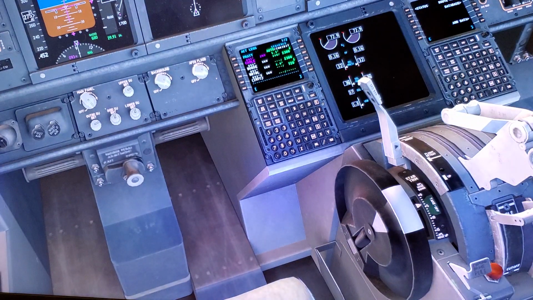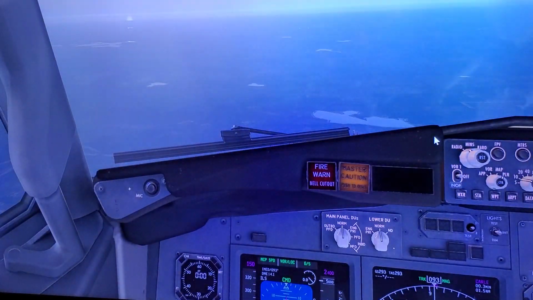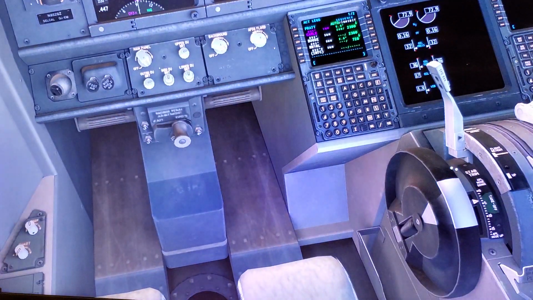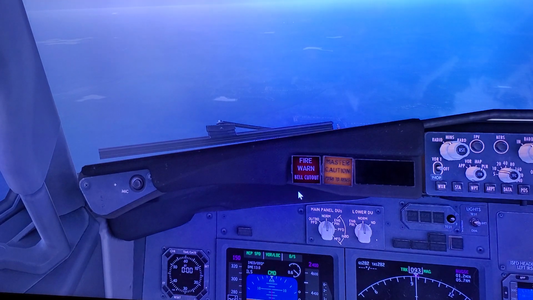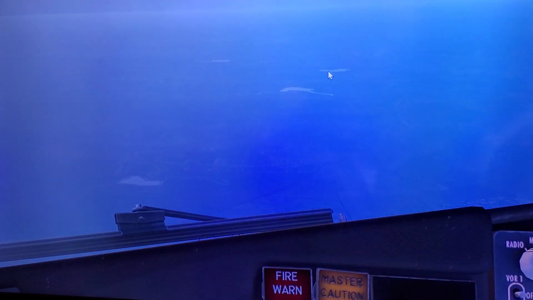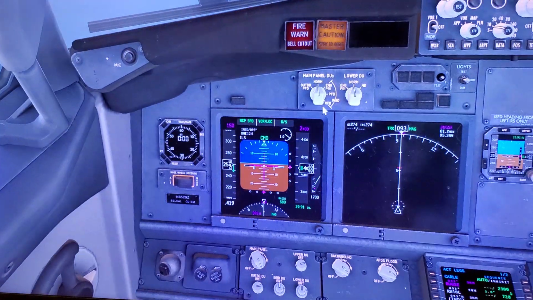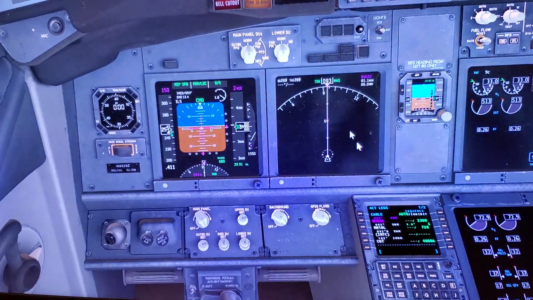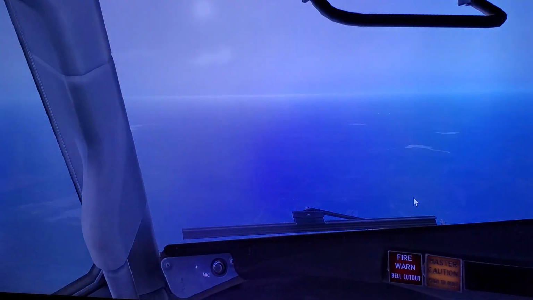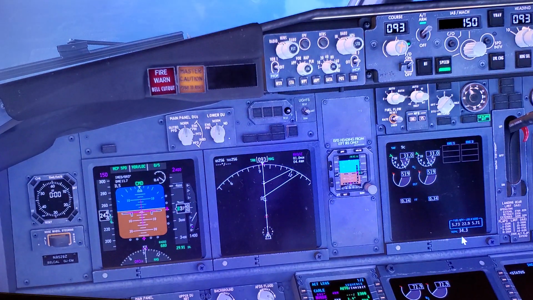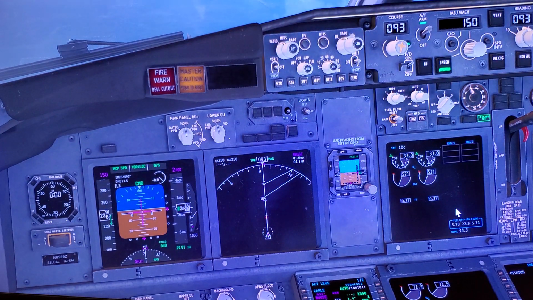No, I cannot move this spoiler down. This helps me to reduce speed. Basically, that's a way to reduce my speed. More flap.